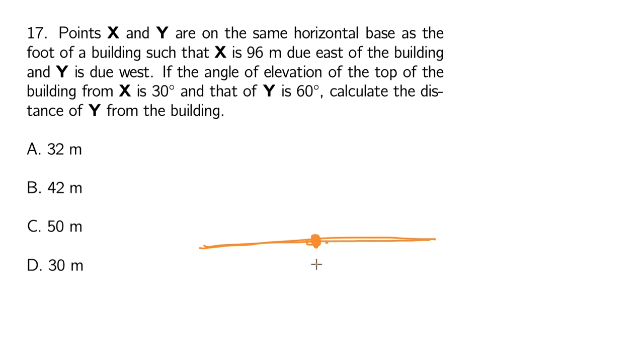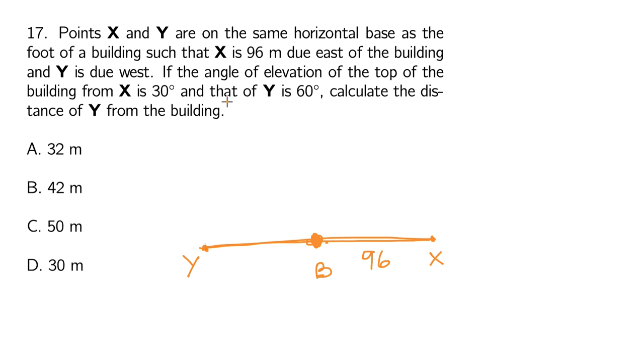We can call it B, just so we remember that this is our building. And it's saying that X is 96 meters due east of the building. So X is here, and this length is 96, we'll remember that it's meters. And then Y is due west, so Y is here.